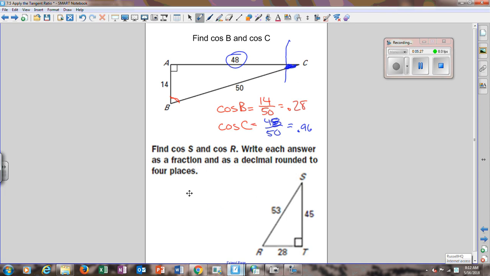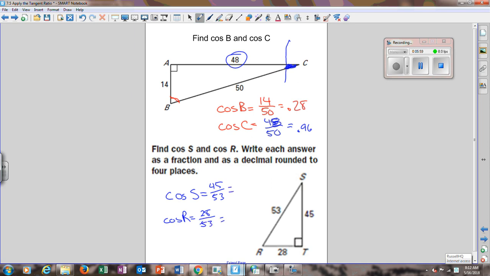Okay, let's find the cosine of S and the cosine of R. So the cosine of S would equal adjacent, which is 45, over the hypotenuse, which is 53. Cosine of R is adjacent, which is 28, over the hypotenuse, which is 53.